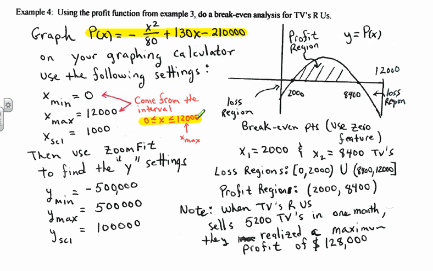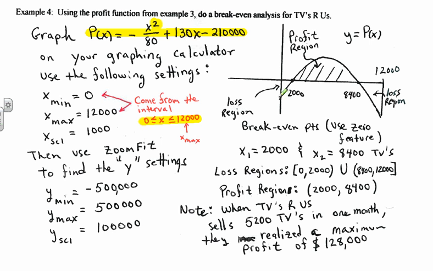Now, before we actually look at the graph, I do want you to keep in mind that you should already have an idea what the graph of this function is going to look like. If you look at this P of x up here, notice the highest power is 2, which tells us the graph has to be a parabola. In fact, since the leading term is negative, it's a parabola that opens downward, as viewed over here in this graph.